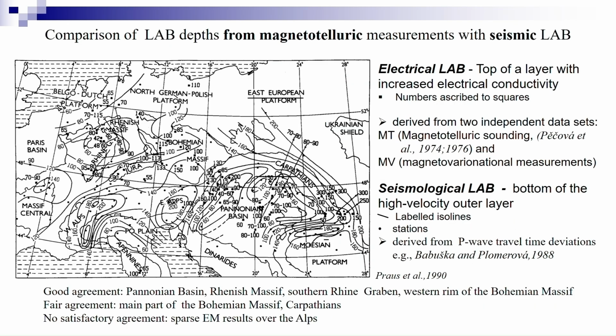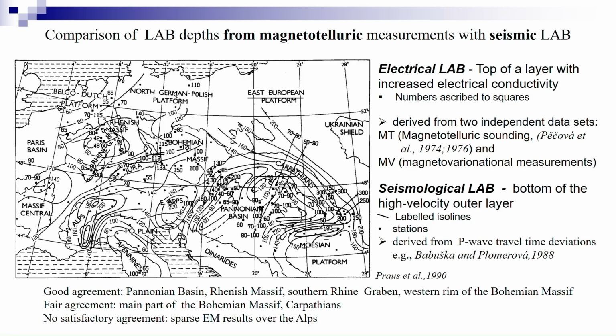This map compares LAB depth from magnetotelluric measurements with seismic LAB in Central Europe. The LAB depth marked by isolines is defined according to the original definition as the bottom of the high-velocity outer layer of the Earth. Numbers ascribed to the squares mark the electrical LAB.